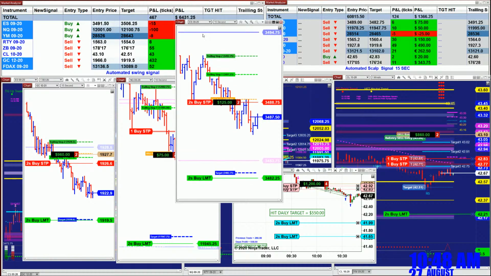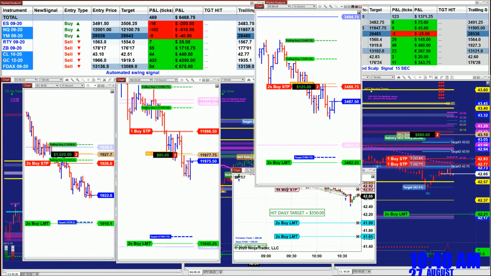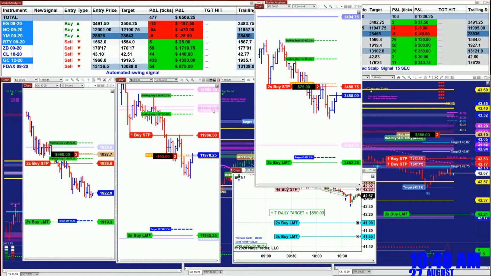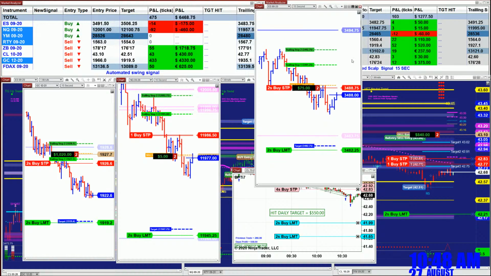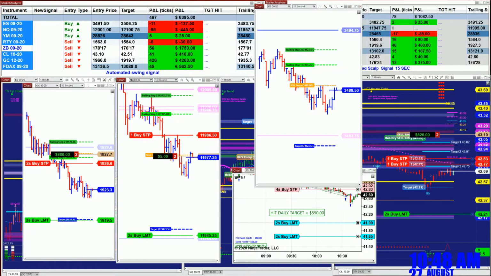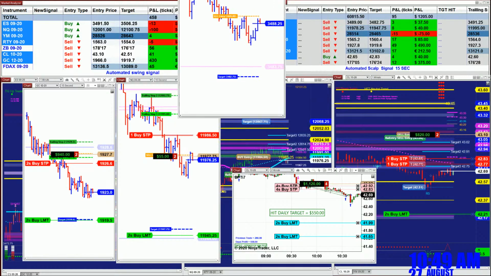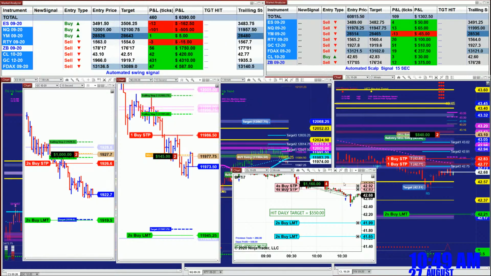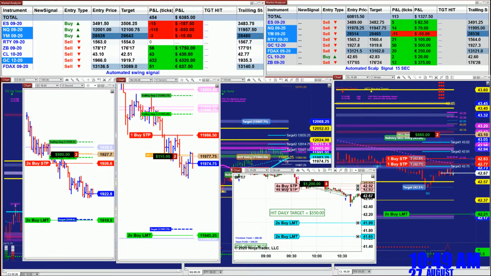I'm not expecting the ES to go anywhere, so I don't want to deal with it. So it's a very tight call, and there we go. I'm glad it's over on the ES. When I'm not happy with a trade, I like to get rid of it.